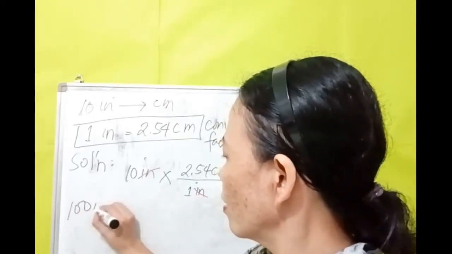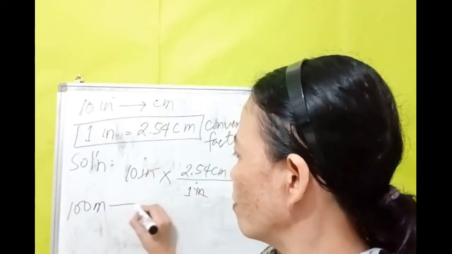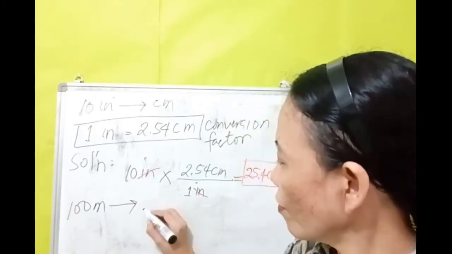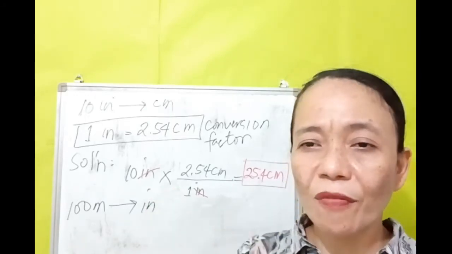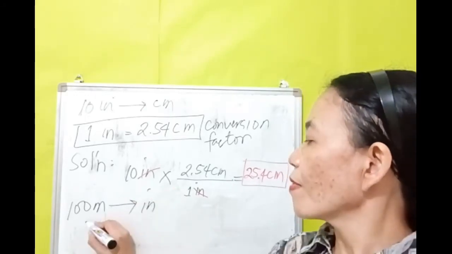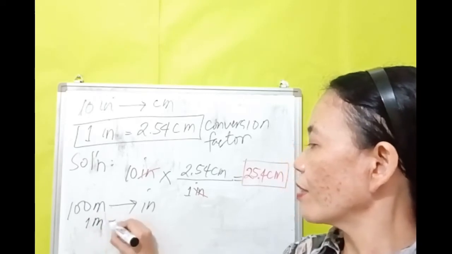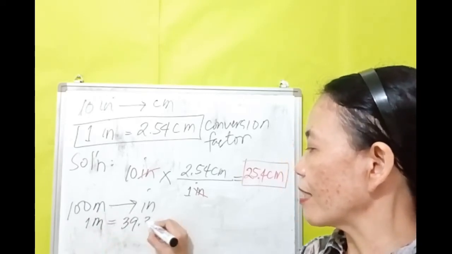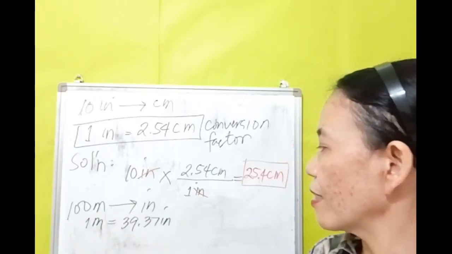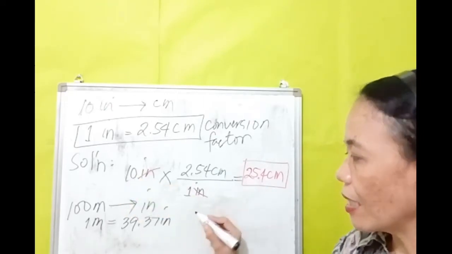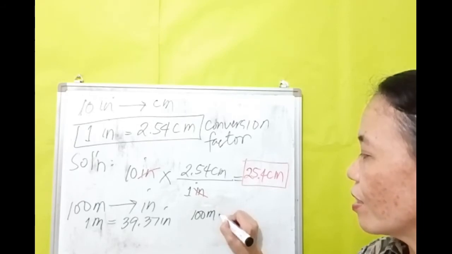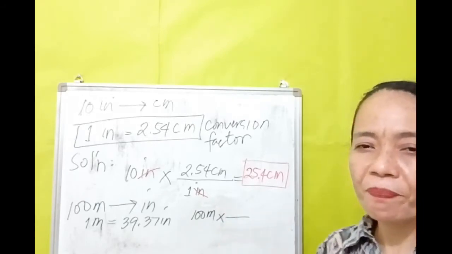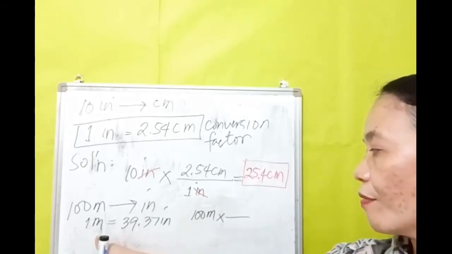Okay, next, how about 100 meters to inches? So what is the conversion factor for this? In 1 meter, there are 39.37 inches. So again, the same process. Copy 100 meters multiplied by this conversion factor.